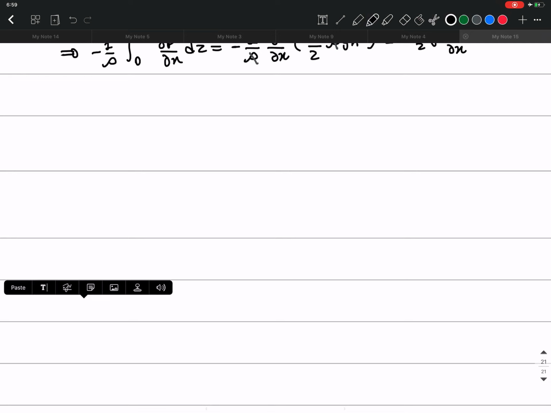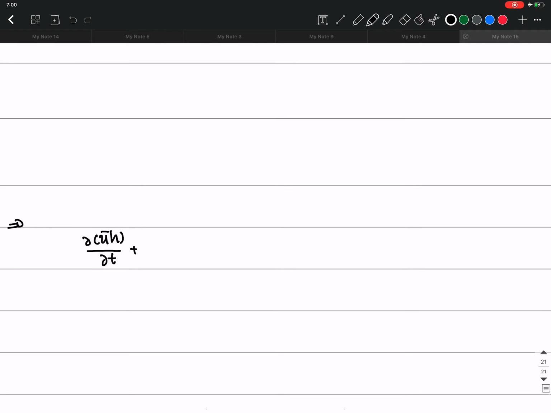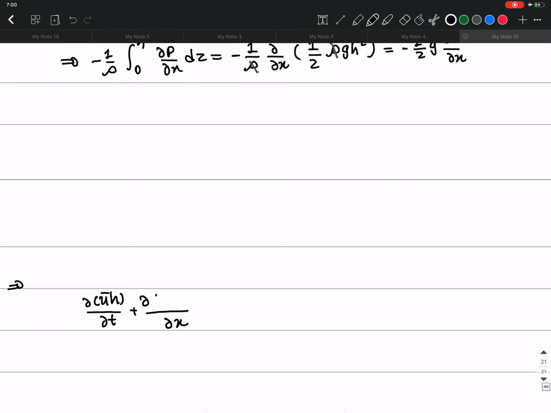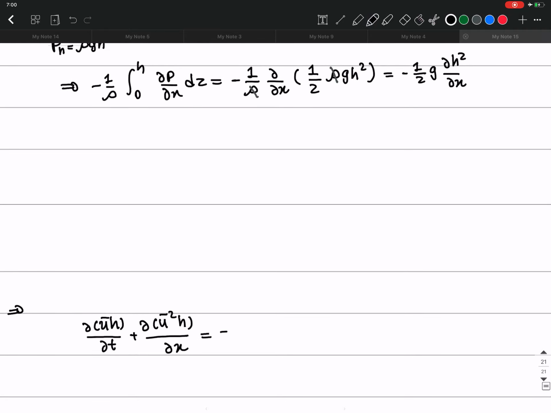It gives partial of u bar h over partial t, plus partial of u bar squared h over partial x, equals the right hand side, minus 1/2 g partial h squared over partial x.